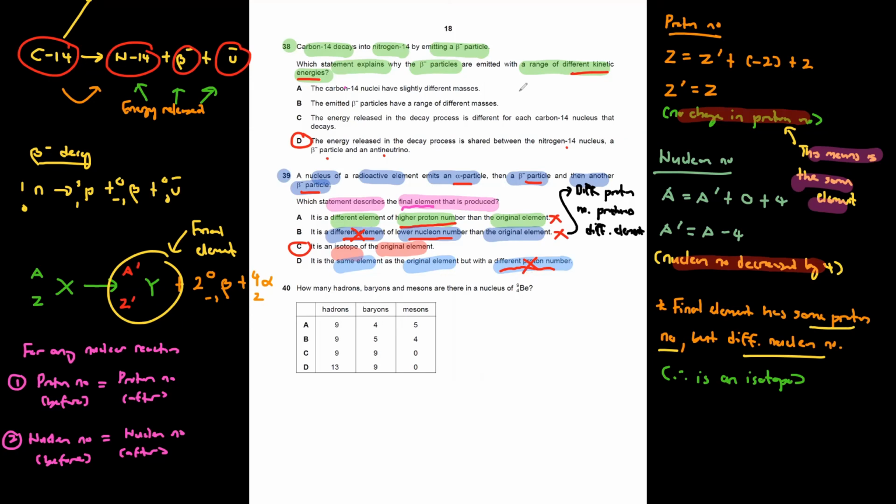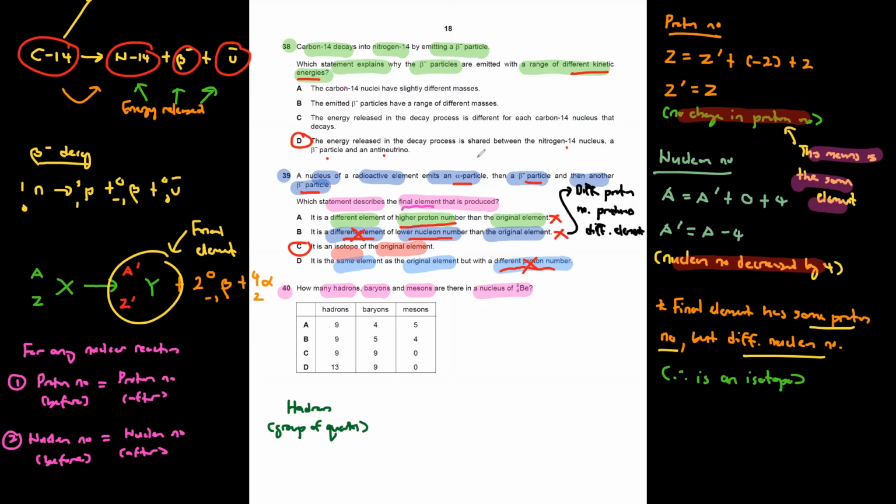All right, then we move on to the last question for this paper. Now, how many hadrons, baryons, and mesons are there in the nucleus of beryllium-94? So let's just review a little what is hadron, meson, and baryon. A hadron is just a group of quarks. And when you're talking about hadrons, there are more specific classifications for groups of quarks.